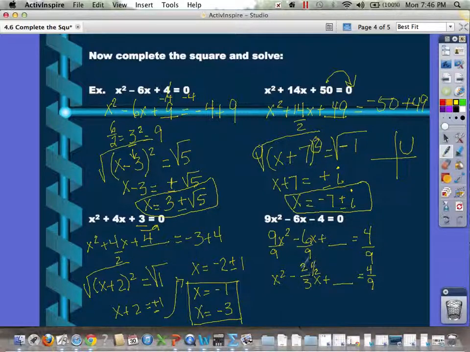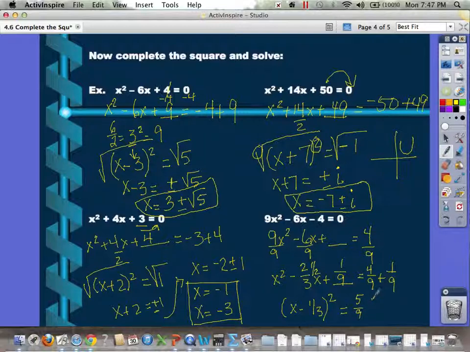So that's going to be 2 times 1 is 2 over 6, 2/6, which makes 1/3. So that's going to be, in my parentheses, x minus 1/3. And don't forget, I have to take this 1/3 and square it, so that's going to be 1/9. Add that to both sides. So that'll equal 4/9 and 1/9 make 5/9.